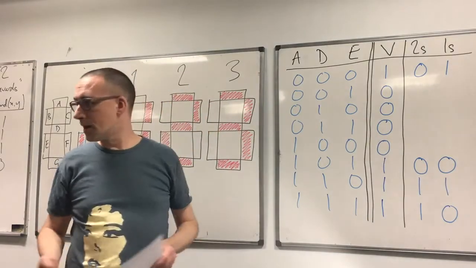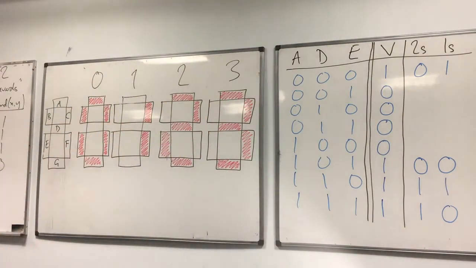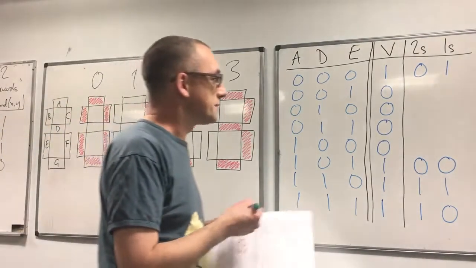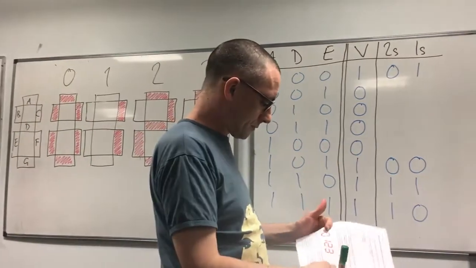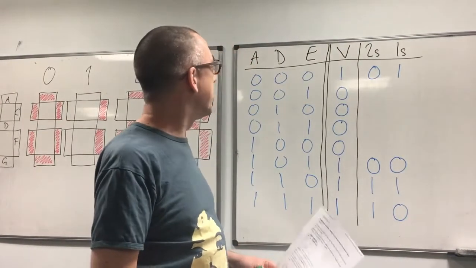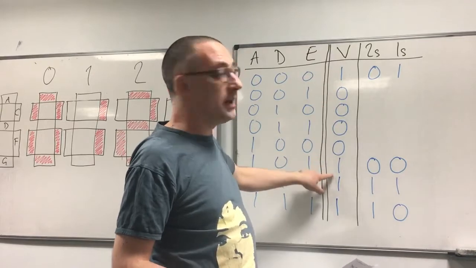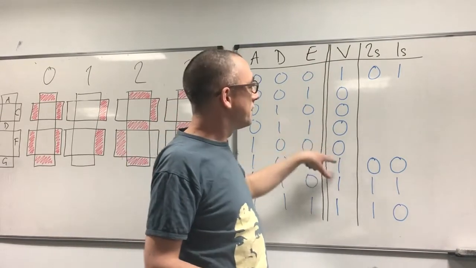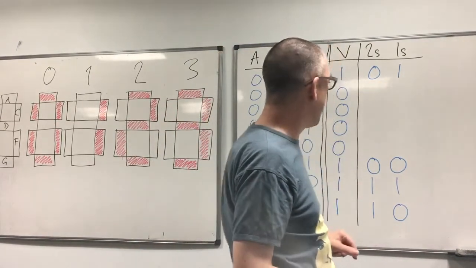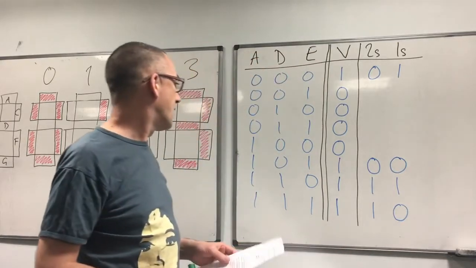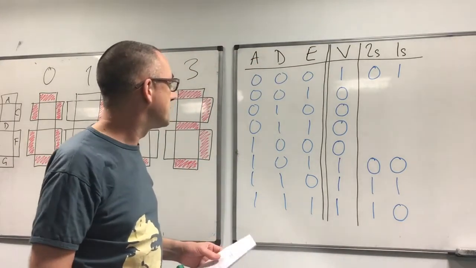Okay, so for the remainder of the question, we have to build a circuit using NAND gates, which first of all delivers V, and then in the case where V is 1, we have to explain how to compute 2's and 1's.